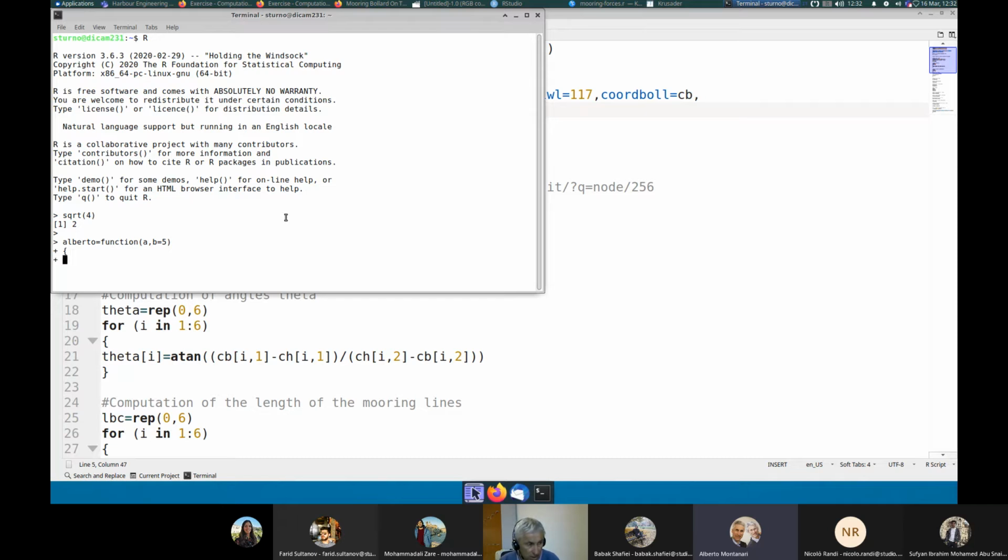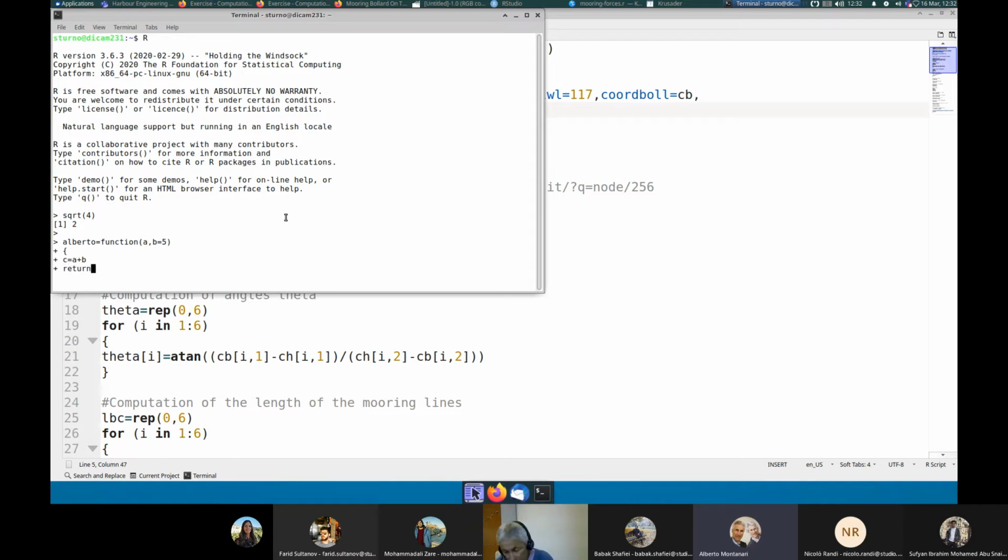Now, what I have to do is to list the instruction of the function. And then, very simply, computing the sum, I define a variable c, which is equal to a plus b. Good. Now, what do I want to get back from the function?